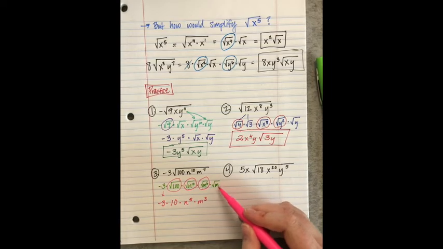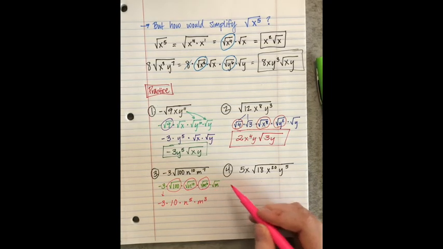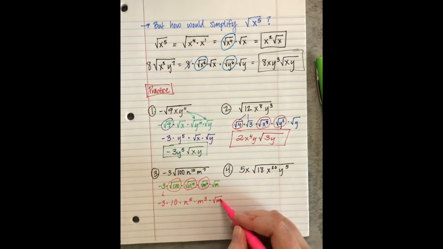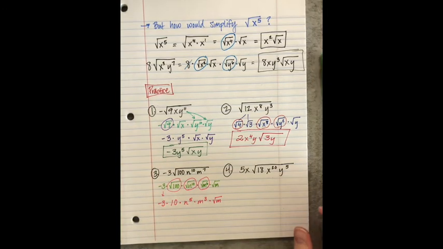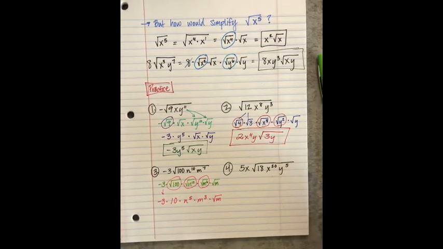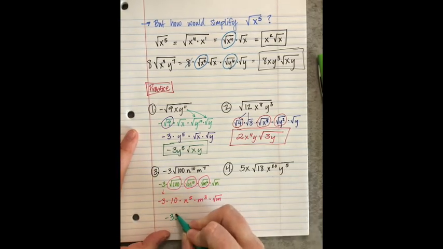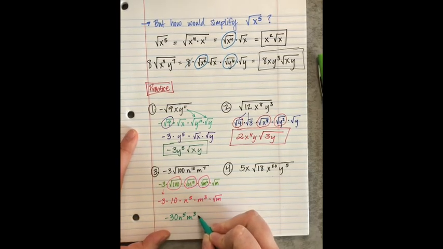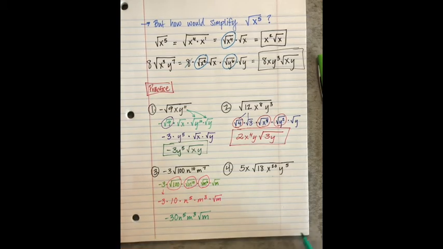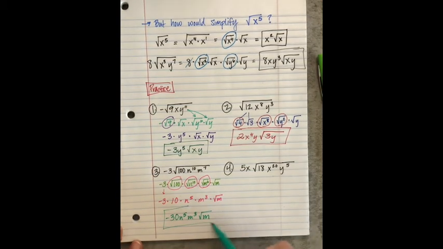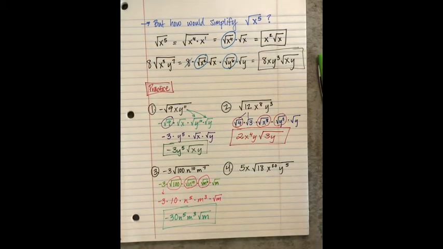And I can't break down the square root of m, so that actually gets left inside the radical. Okay, lastly, we're going to simplify this down, multiply what we can. Negative 3 times 10 is negative 30. N to the 5th m cubed times the square root of m. Final answer.